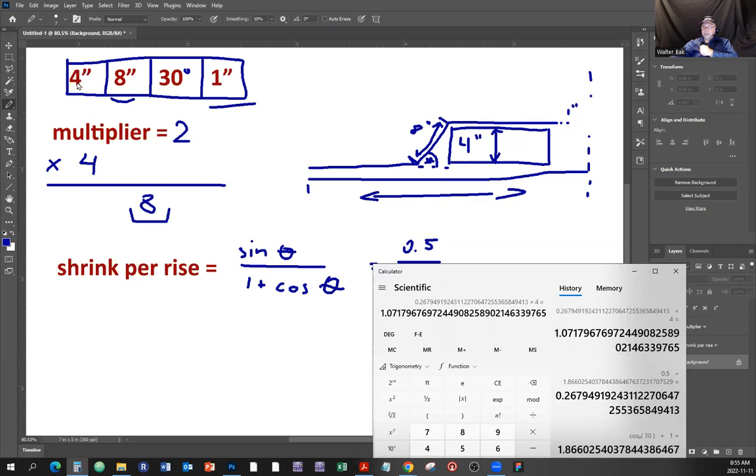To clear a 4 inch obstacle, the distance between the two bending points is 8 inches if you use 30 degrees, and the whole thing is going to shrink 1 inch. So this is a bit of a quick reference here.